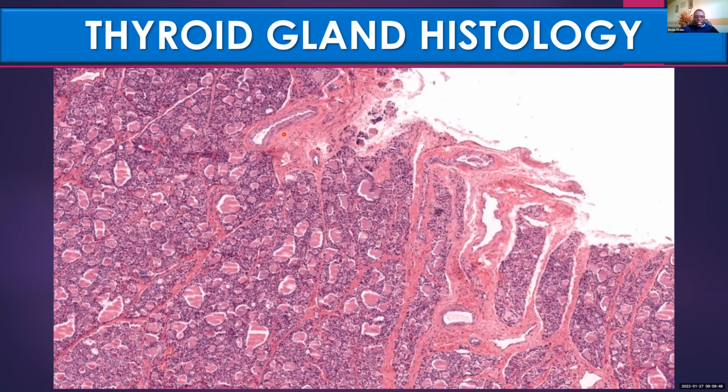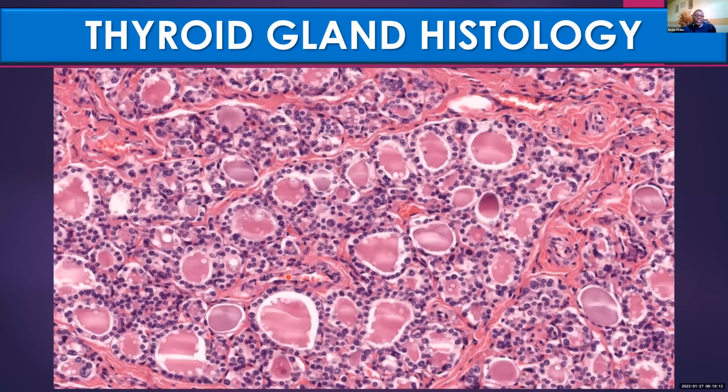Now let's look at each of the lobules and see what the parenchyma of the thyroid gland is made up of. Remember, a gland will have a stroma and a parenchyma. The stroma is the connective tissue part. The parenchyma is the functional part. Now, let's look at the functional part, and I'll use this high magnification to show us. The parenchyma of the thyroid gland consists of secretory follicles.